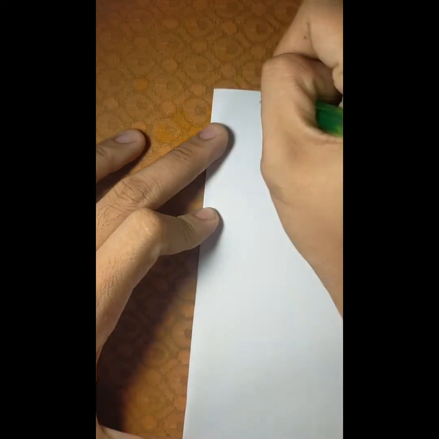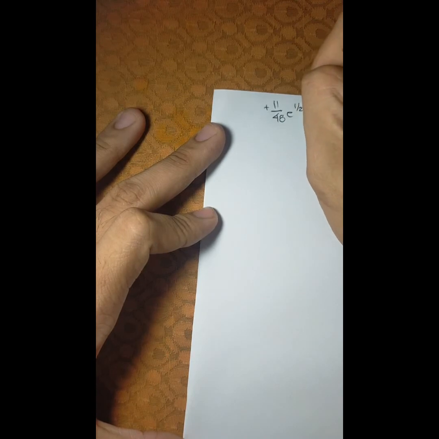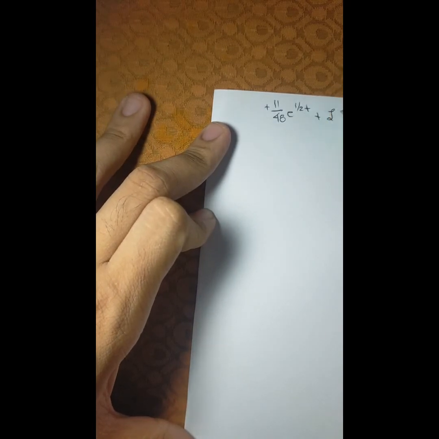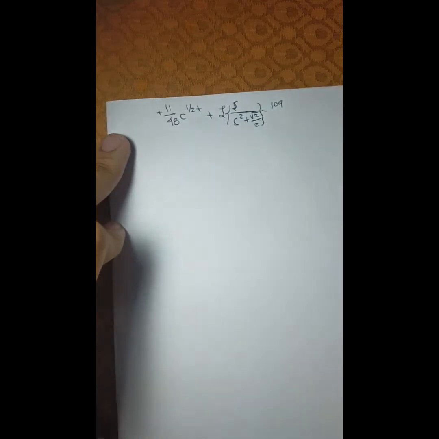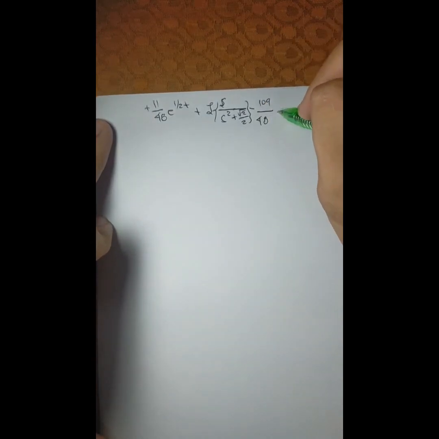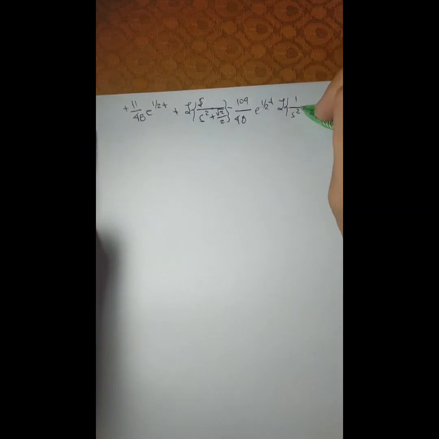And we have 11 over 48 e raised to 1 half t plus Laplace of s over s squared plus square root of 2 over 2 minus 109 over 48 e raised to 1 half t Laplace of 1 over s squared plus square root of 2 over 2.